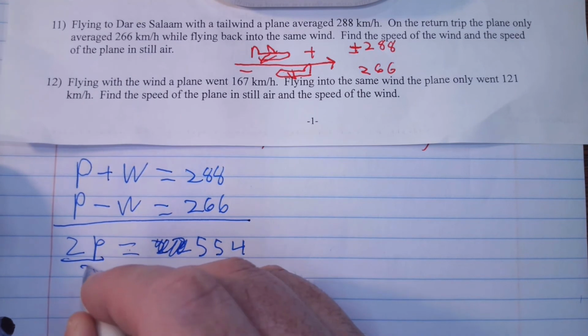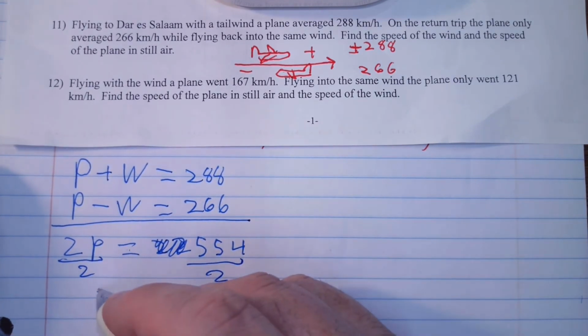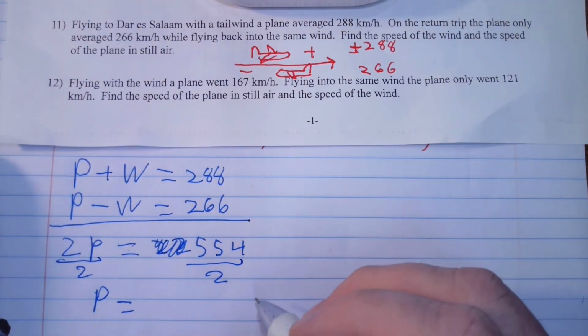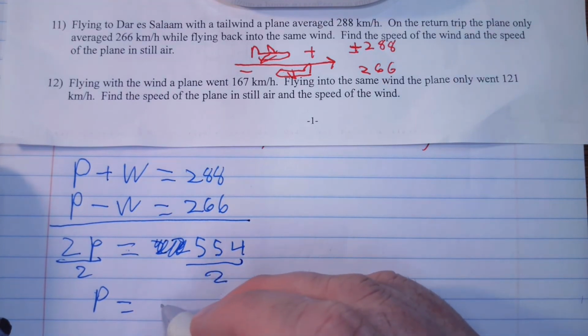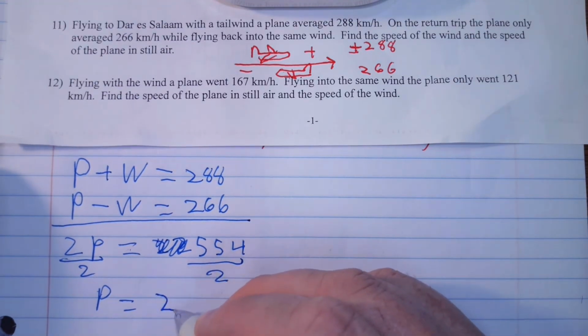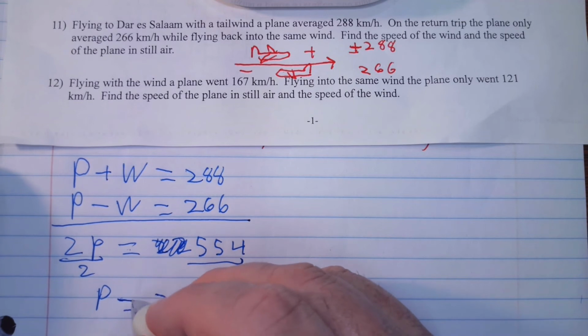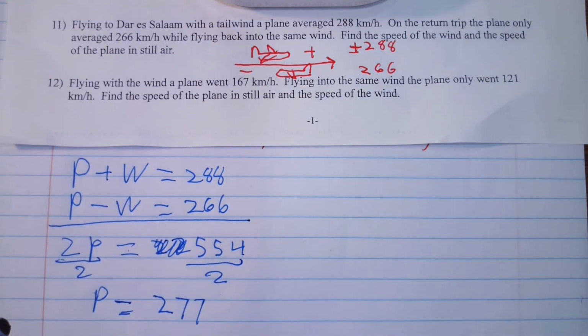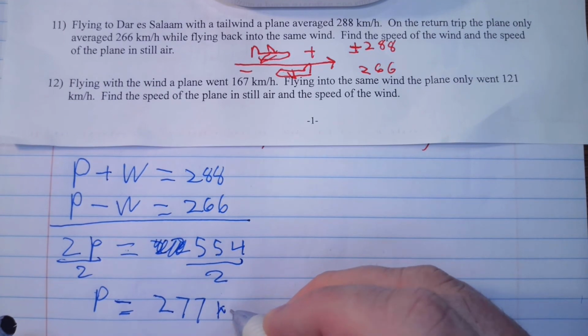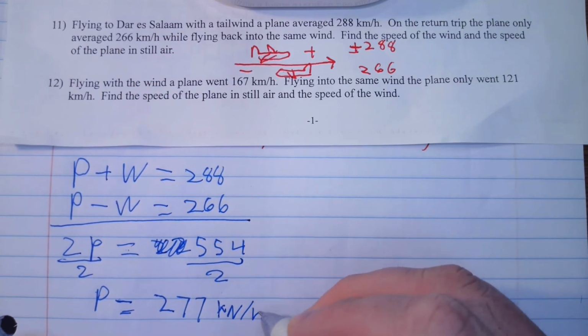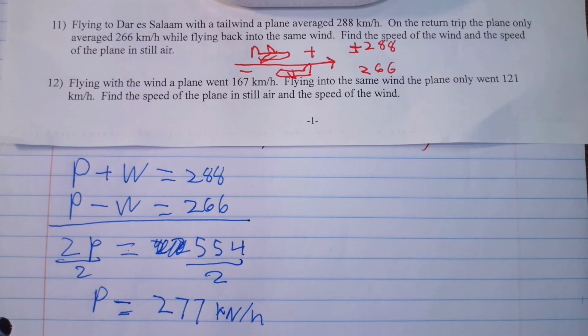Okay. Now I divide by 2, now I divide by 2. So the plane is going to equal 277. 277. Is that reasonable? It's not a super fast plane, but it's a pretty slow plane actually because it's kilometers an hour. But there are slow planes with propellers.